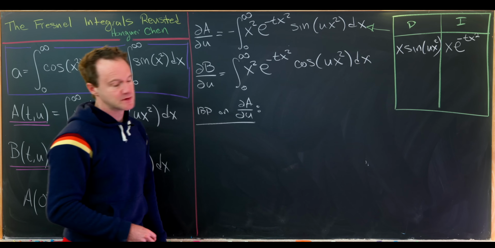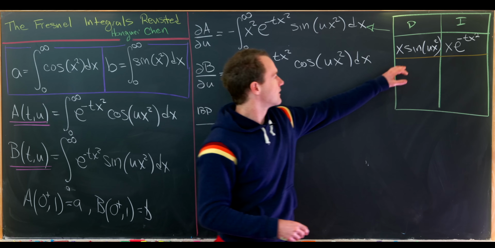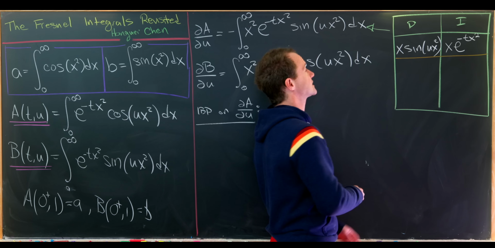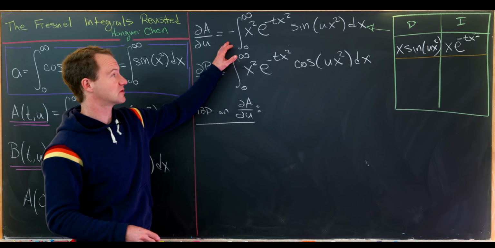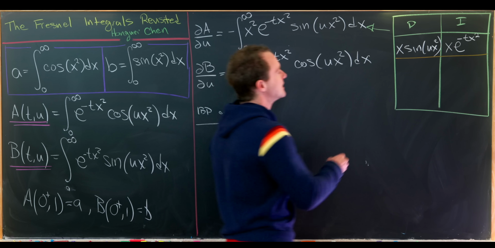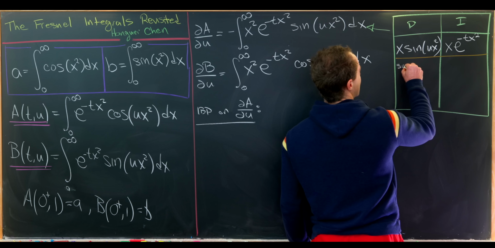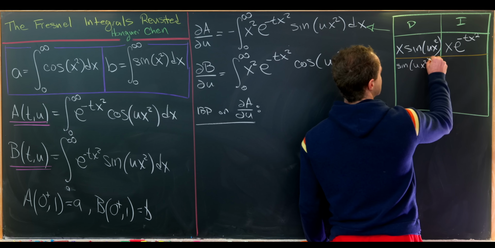Okay, so now let's take derivatives down the left-hand column and antiderivatives down the right-hand column. So taking derivatives of this with respect to x, recall that we want to do everything with respect to x because we're integrating with respect to x. That will give us sine of u times x squared.